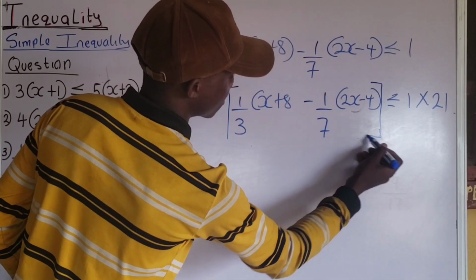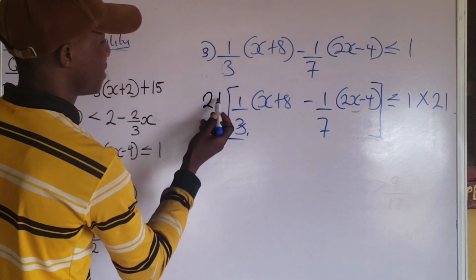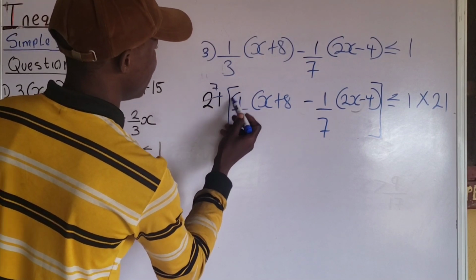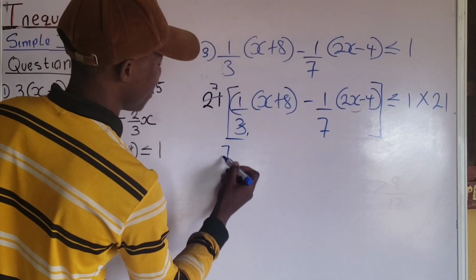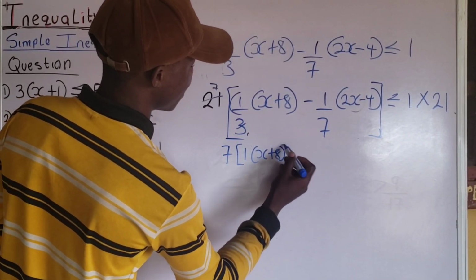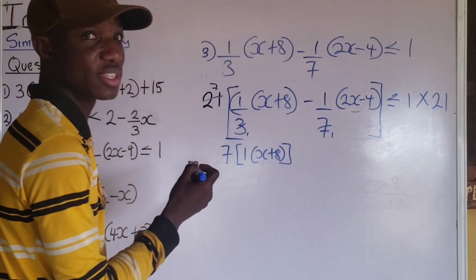Three here 1, 3 in 21, that will give us 7. So I'm going to multiply this by 7. Okay, 7 multiplied by 1 into bracket x plus 8. Now 7 here, 1. Are you paying attention?